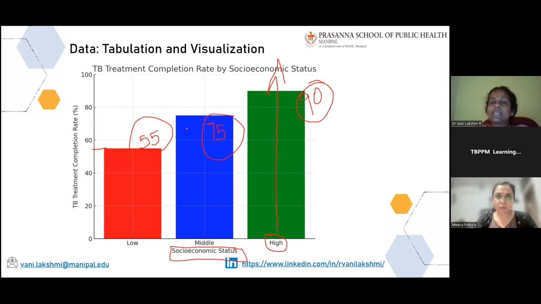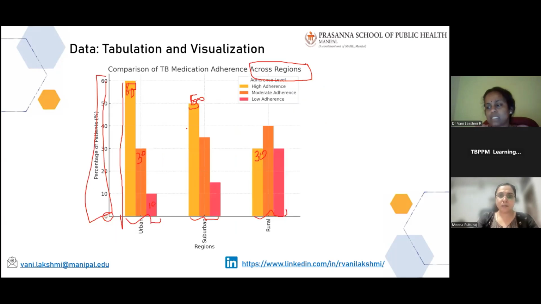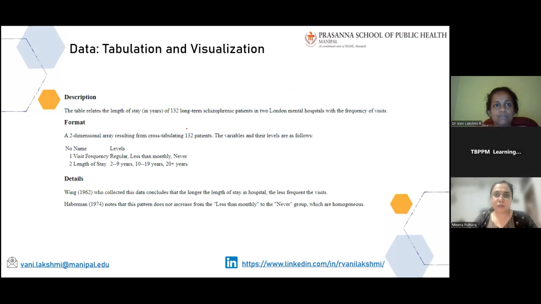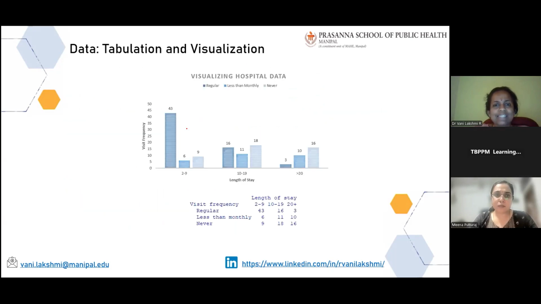So I got these ideas from a bar chart and another type of bar chart called a cluster bar chart or multiple bar chart. Here is another example, not very connected to our data, but I just wanted to show you the power of colors. If you look at it, high, moderate, low, from my color choice, it becomes very easy for me to understand.